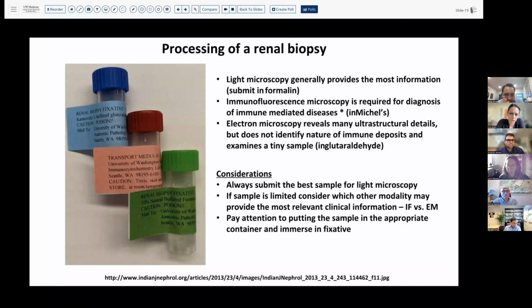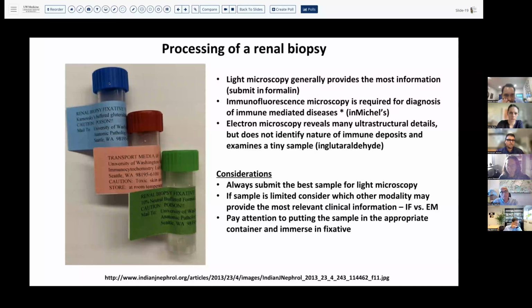Immunofluorescence is processed in a frozen processing, and so that's submitted in a different media called Michel's, which is really important for immune complex mediated diseases such as lupus, IgA nephropathy, etc. So if that's in your consideration, you want to prioritize having a reasonable sample going into the immunofluorescence container as well.